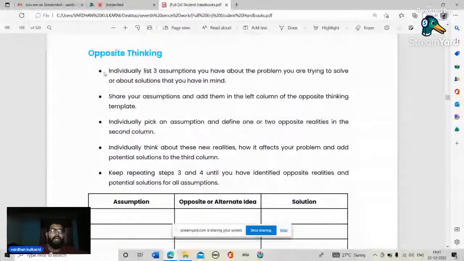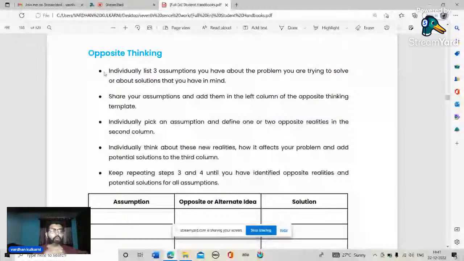Opposite thinking comes with assumptions. For example, one of your friends promises to meet you at a certain time. Later on, he or she says it might get delayed.